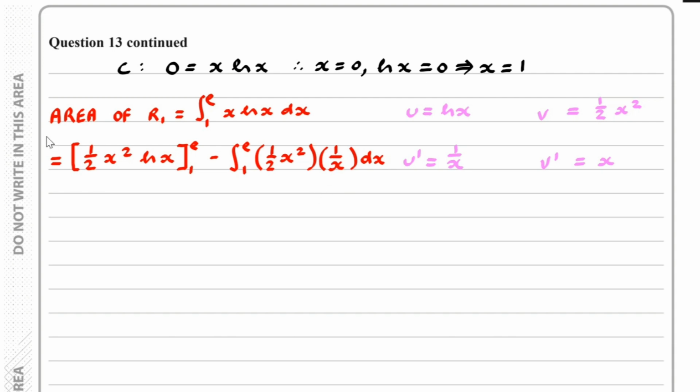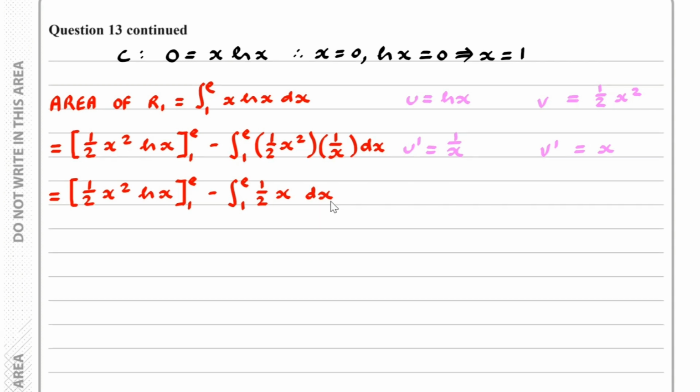So, in terms of what stays the same, this bit stays the same, and then I subtract the integral, and here I have 1/2 x dx, which I need to integrate.